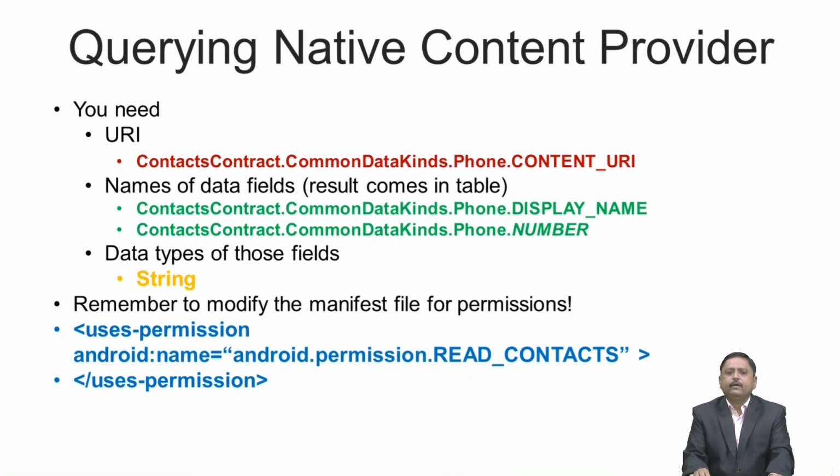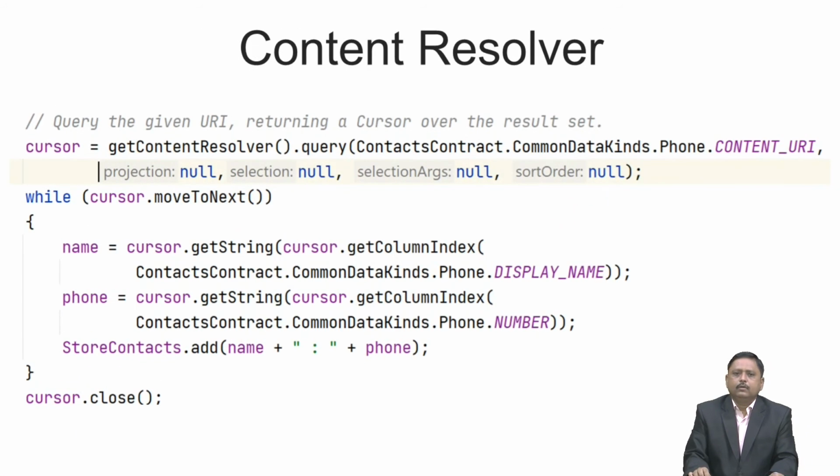For that, remember to modify the manifest file for permission. In this case, the permission is READ_CONTACTS. So, you should write this line inside your manifest file, which mentions that I want to use the read contacts permission. Now, how to actually query data? The code is very similar to retrieving data from a SQLite database. So, if you follow the mouse pointer, you will see here we use getContentResolver and its query method.